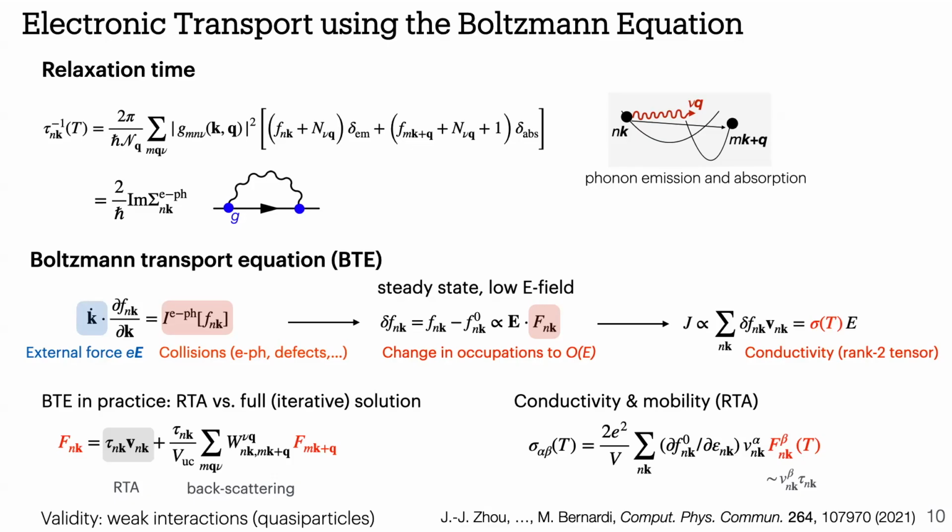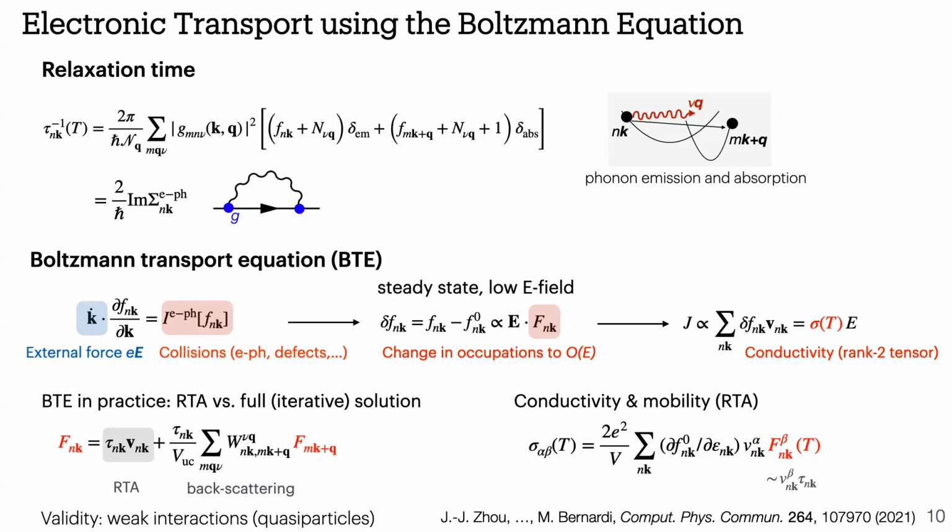In practice, if you then substitute this form for delta F into the Boltzmann equation and you keep only terms linear in the electric field, in the lower left, this is what the Boltzmann transport equation, or BTE, becomes in practice. It's basically a self-consistent equation for this change in population F, where you have the first term, where F is just the product of the band velocity and the state-dependent relaxation time. That's called the relaxation time approximation.